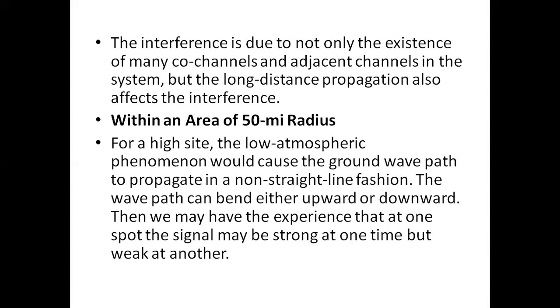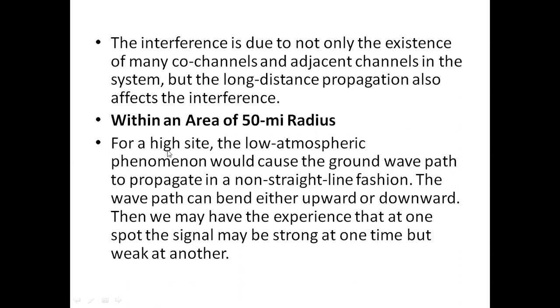Then we may experience that at one spot we can have a strong signal, and at another spot we get a weaker signal. Because of the bending of the wave, at some points we can get a high signal and at some points a low signal. This is the situation when the mobile unit is within the area of 50 miles.